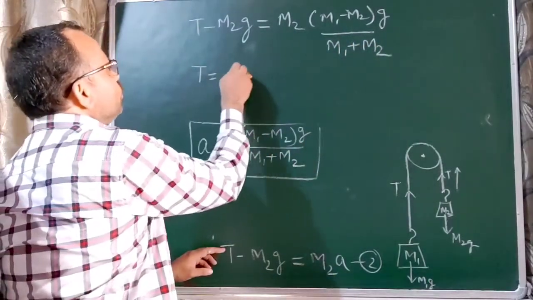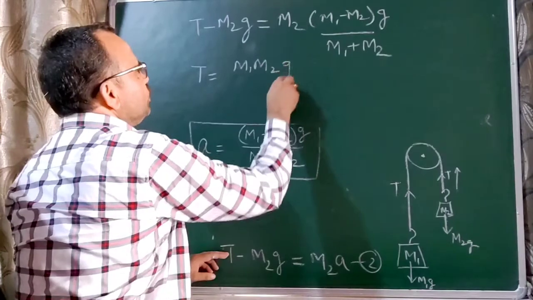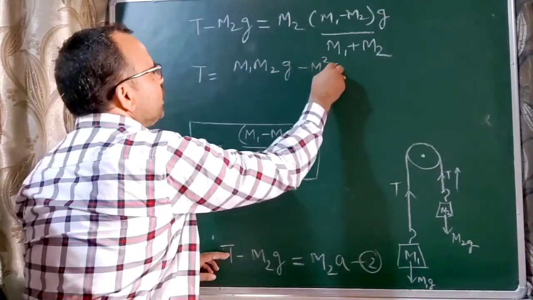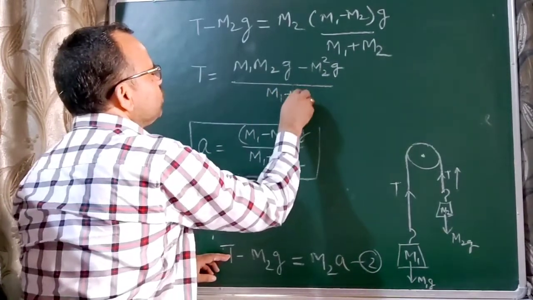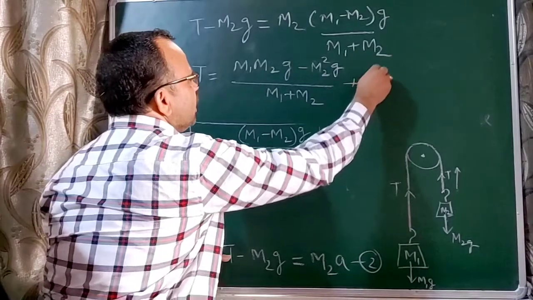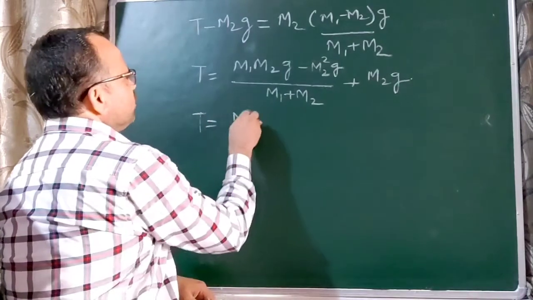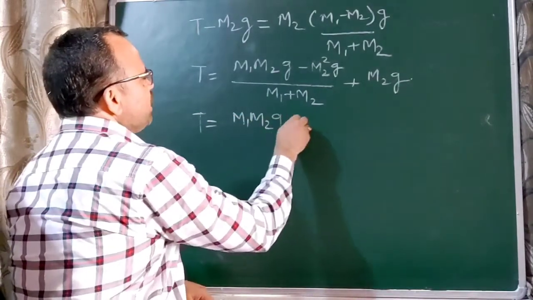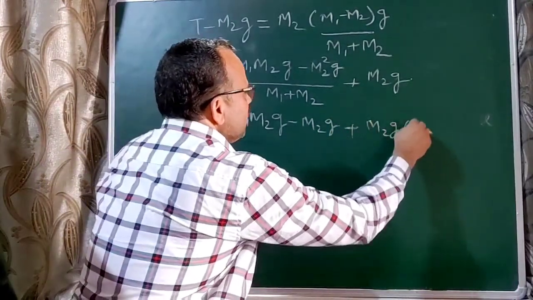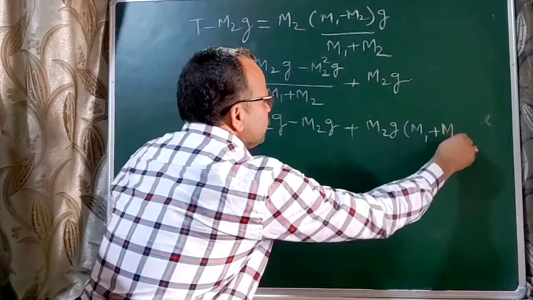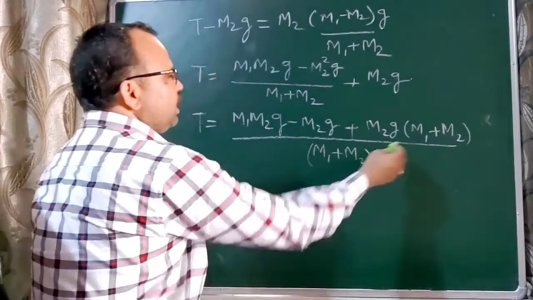So T equals, now solve this, (m1 m2 g minus m2 square g) upon (m1 plus m2) plus m2g. So T equals (m1 m2 g minus m2 square g plus m2g times (m1 plus m2)) whole upon (m1 plus m2), right? Now open this bracket.